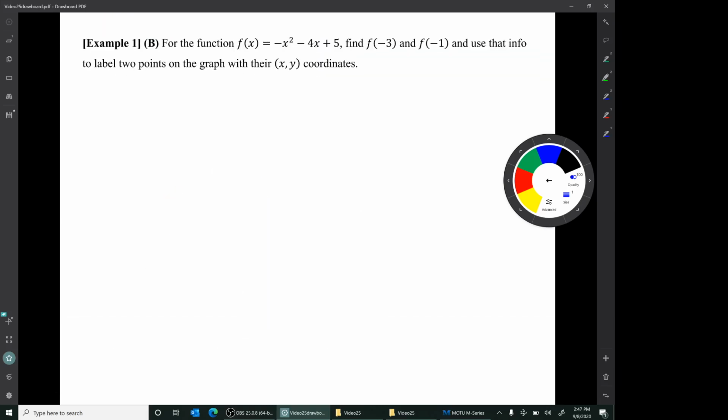All right, question B. For the same function, find these 2 things and use that info to label 2 points on the graph with their x, y coordinates. Well, we will do this by starting with the empty form of the function and then substituting in x values.